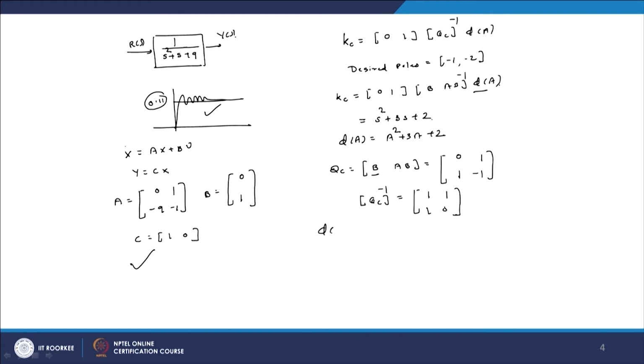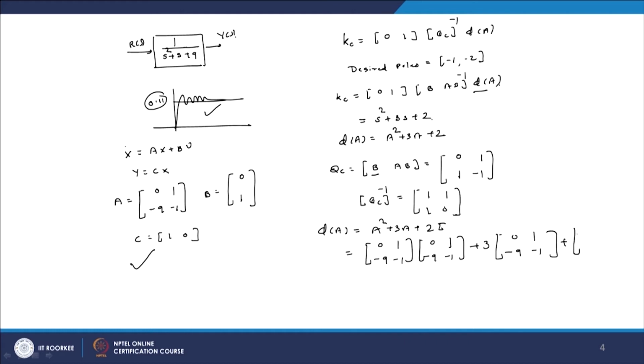And this phi of A equals A square plus 3A plus 2I, and here if you replace A by [0 1; minus 9 minus 1] multiplied by [0 1; minus 9 minus 1], plus 3 times [0 1; minus 9 minus 1], plus 2 times [1 0; 0 1].